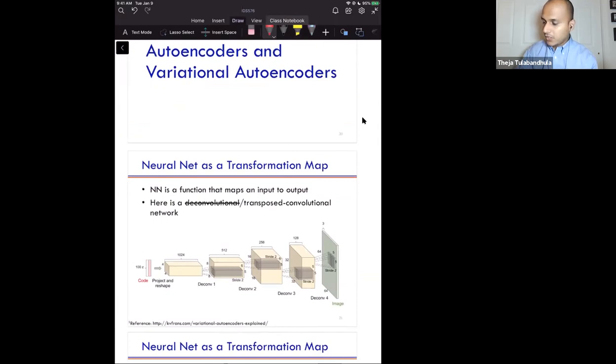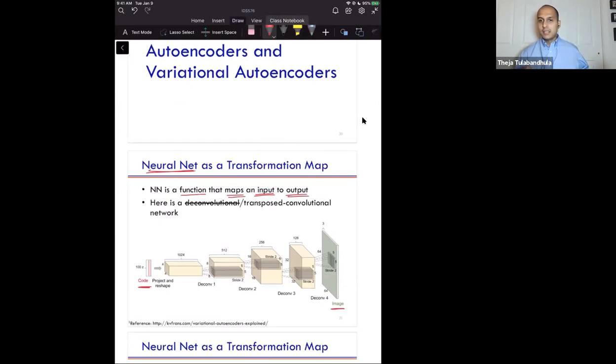The first thing to notice is that a neural network essentially is a transformation, right? It's a function which maps from an input to an output. With that in the back of our mind, we can think of the following transformation, which is going from a vector to an image.